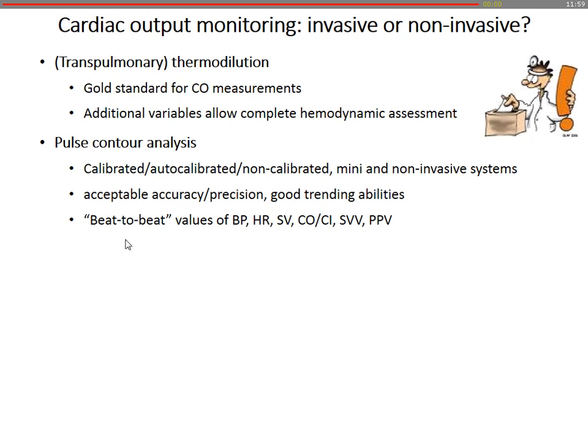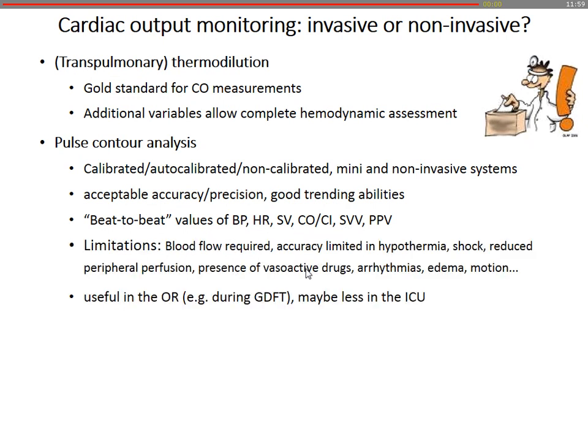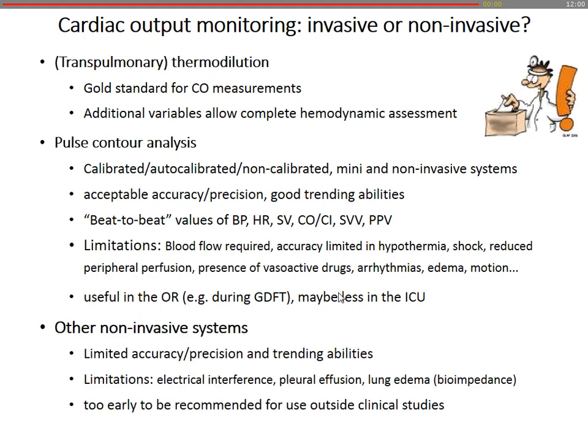They give you additional information, beat to beat, about blood pressure, cardiac output, stroke volume, and pulse pressure variation. They have some limitations, as mentioned here. They are useful in the OR, for example, during goal-directed fluid therapy, but maybe less suitable in the ICU. The other non-invasive systems have very limited accuracy, precision, and trending abilities, so it's too early to recommend them for use outside of clinical studies at the moment.